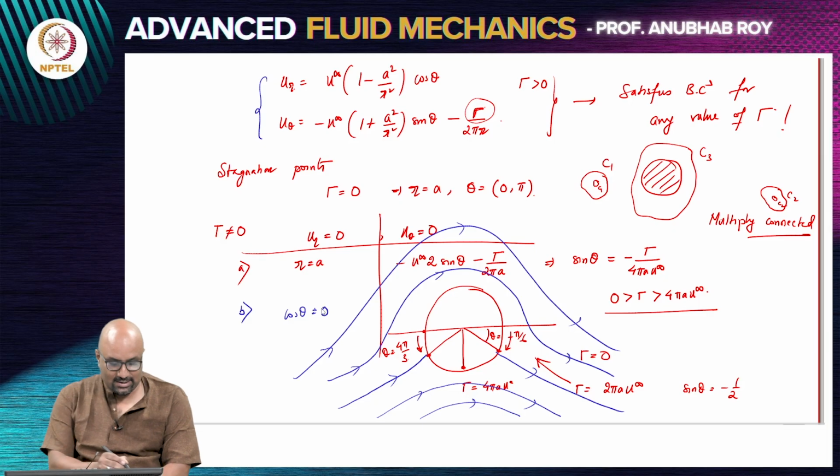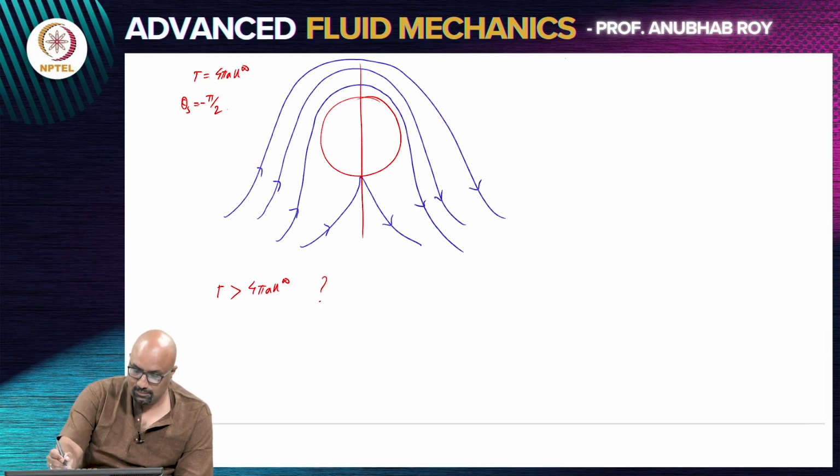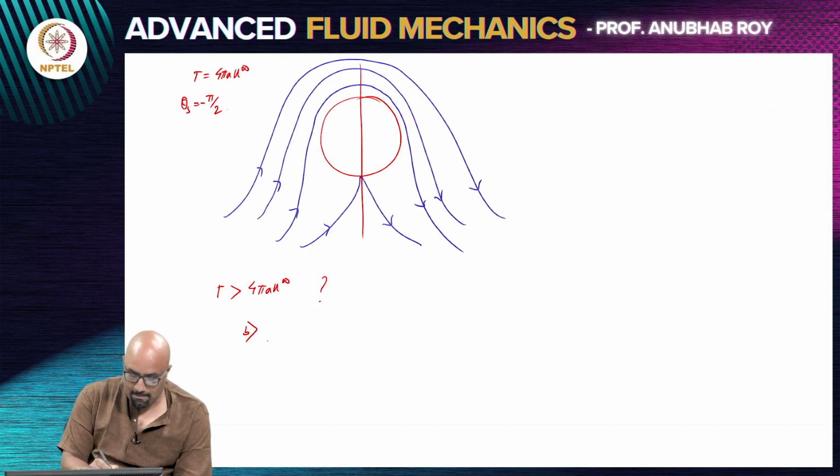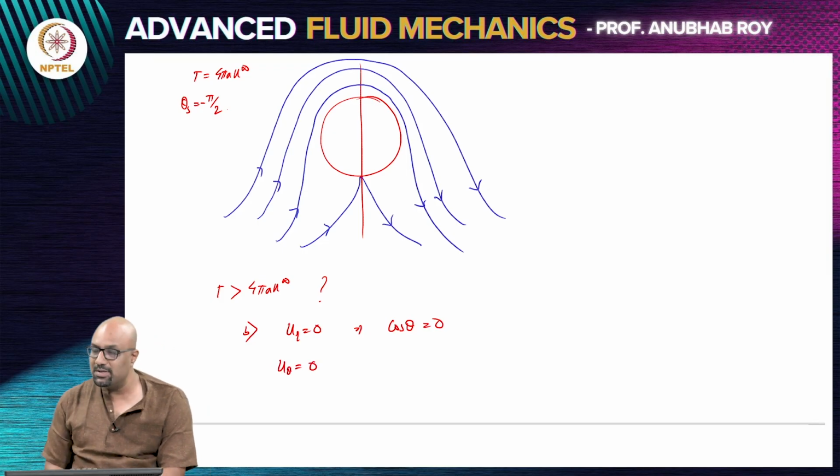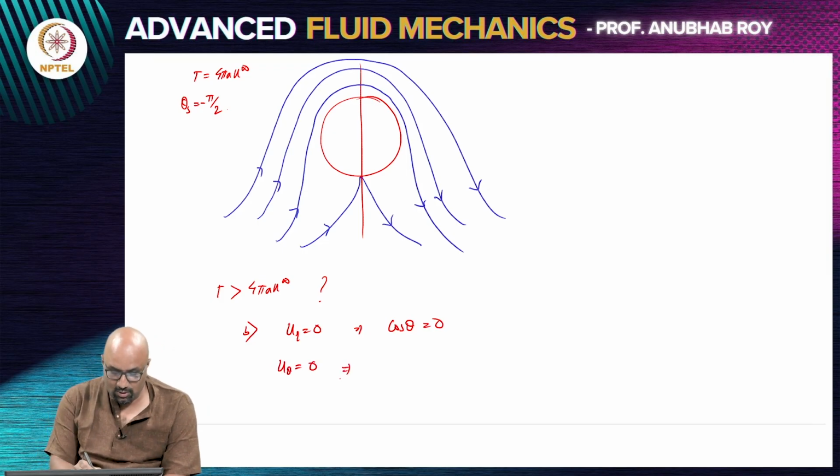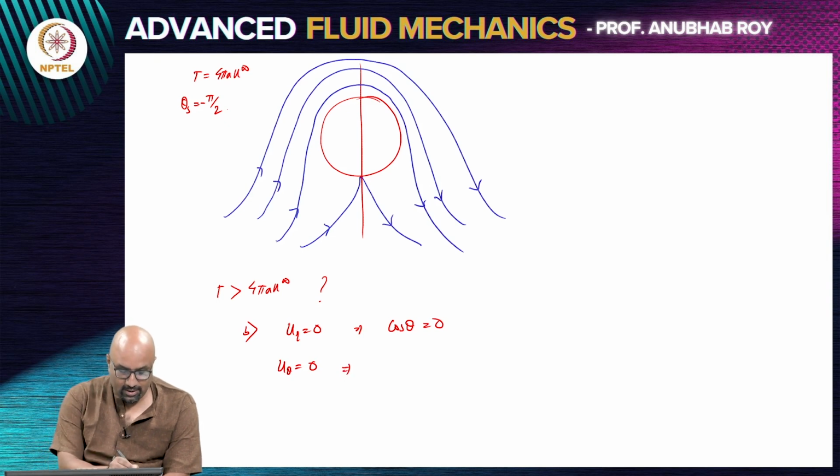But for it to be a stagnation point, we should also check for u theta to be 0. Would u theta also be 0?